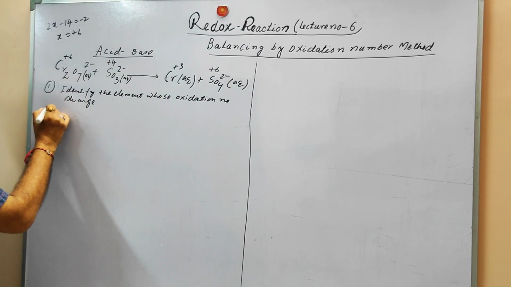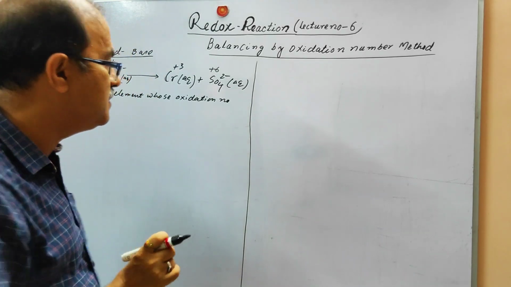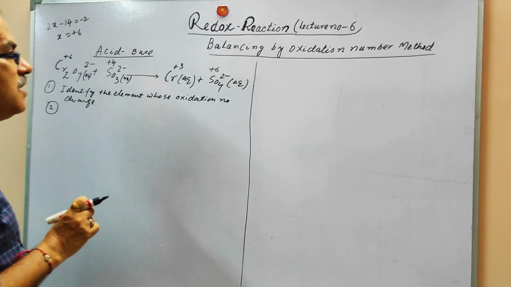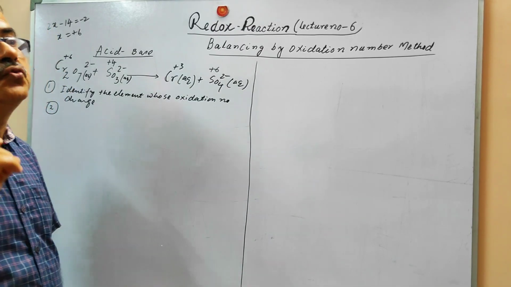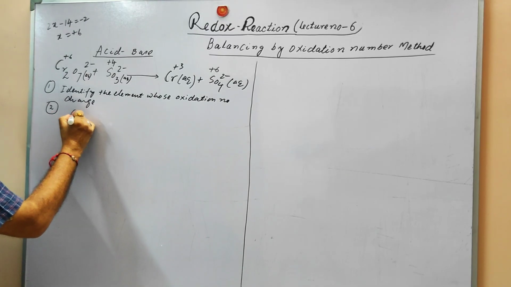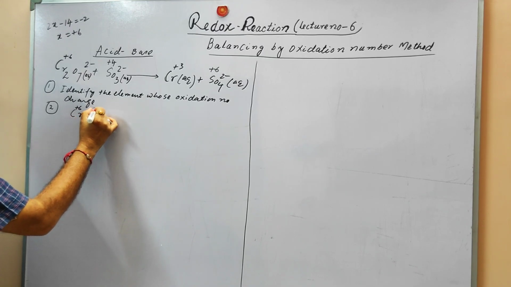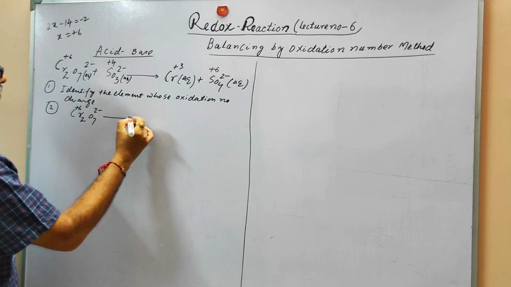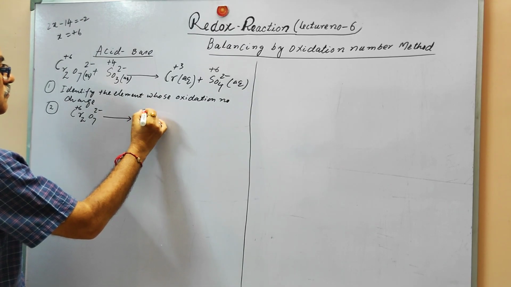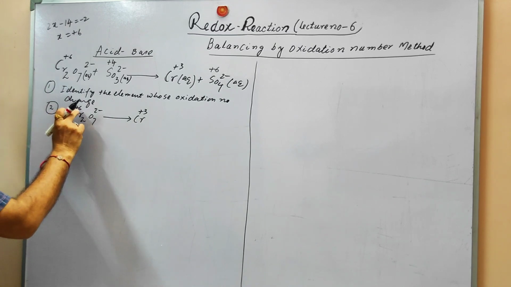That is the second step. We have to identify which is the oxidizing agent and which is the reducing agent, and also identify the total change in the oxidation number. So here you can see the oxidation number has changed from 6 to 3.